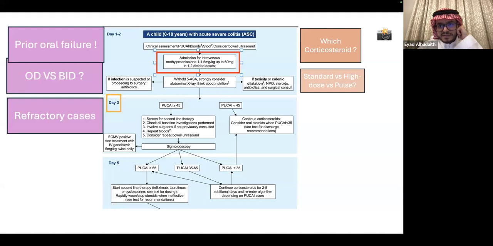The standard dose, which is 1 milligram per kg per day, versus the high dose, reaching 60 milligram per day, or does pulse steroid work?